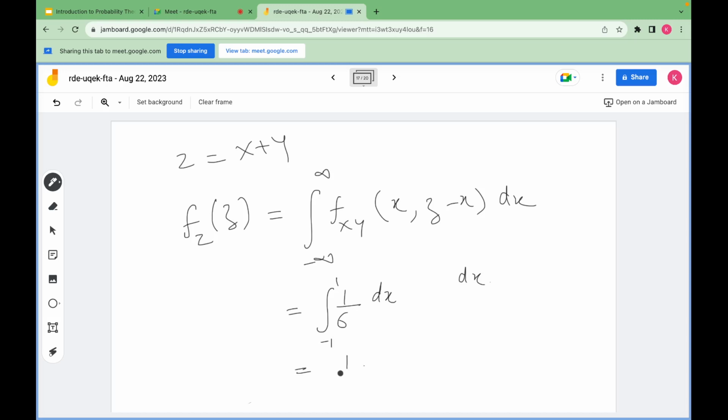So this is nothing but x by 6 from minus 1 to 1, which is 1 by 3.